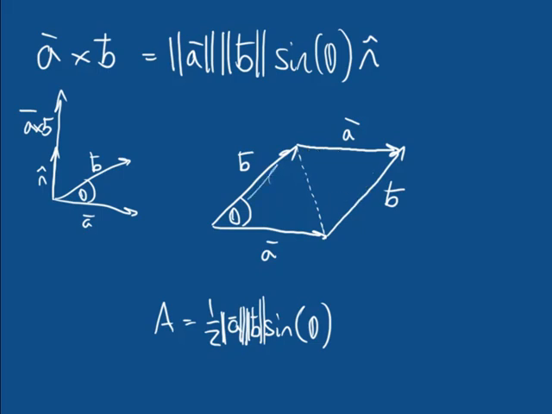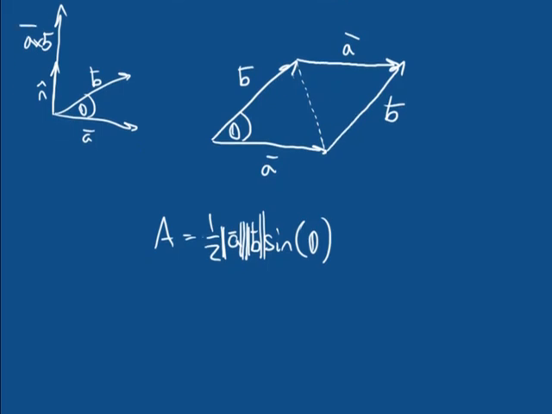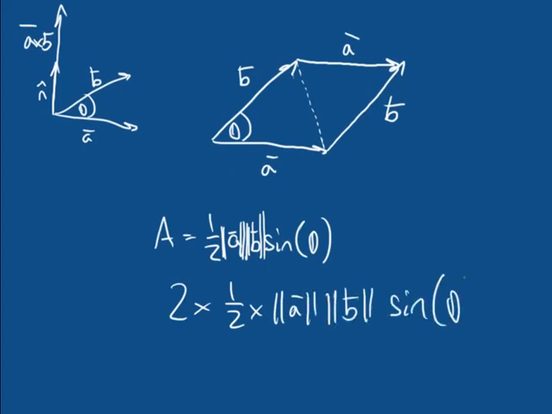So the area of the whole parallelogram is 2 times the area of this triangle. So the area of our whole parallelogram is 2 times a half times the length of A times the length of B times the sine of the angle between them.